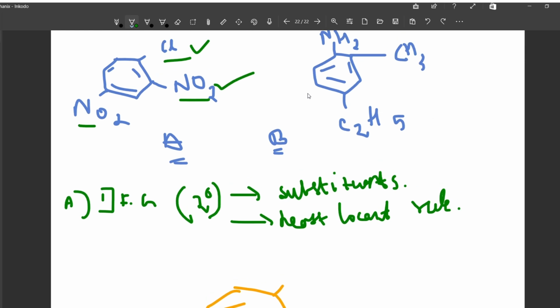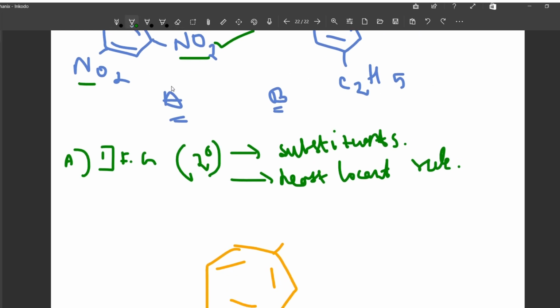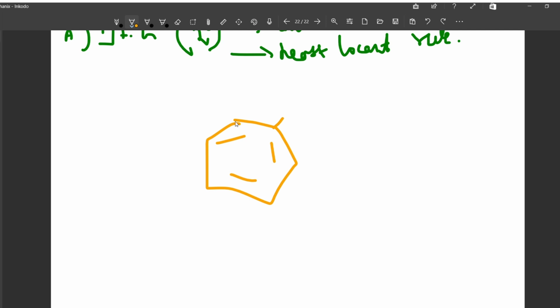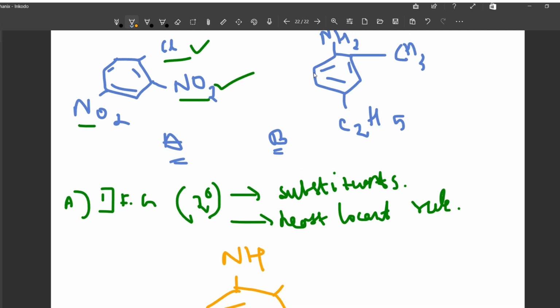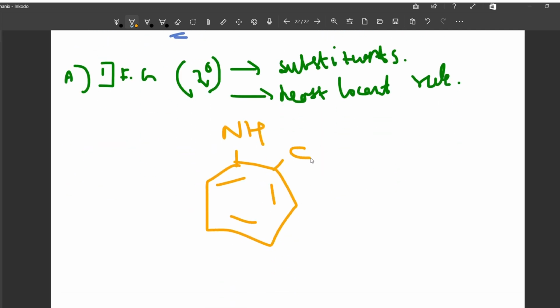So NH2 on the top, CH3 on the meta position, and C2H5 on the para position.